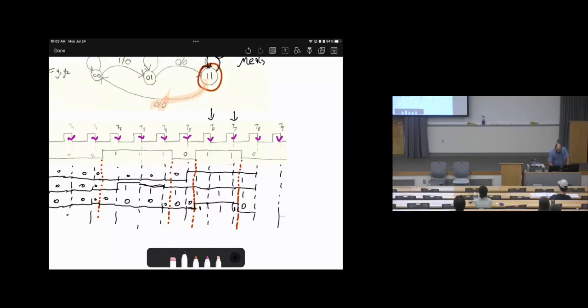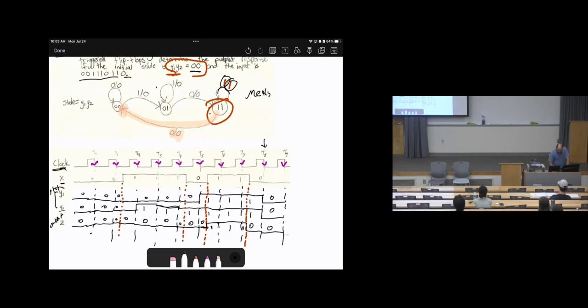Then at T8, there will be another update. So let's see at T8. We are at 1, 1. The input is 0. The output is 0, and we will go to 0, 0. So this will make y1 and y2 zeros, and the output is 0 as well. Okay?